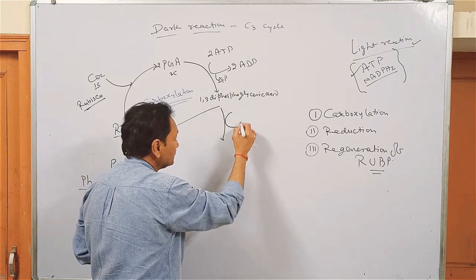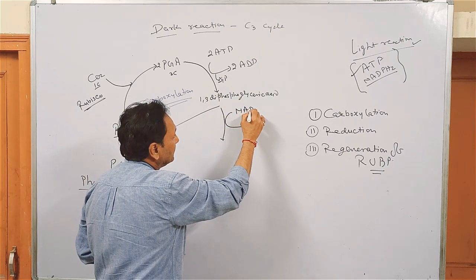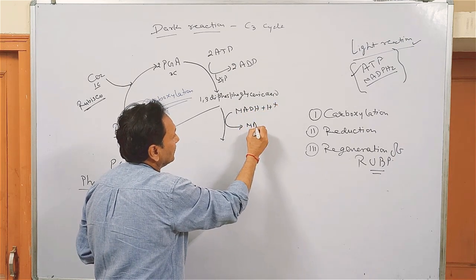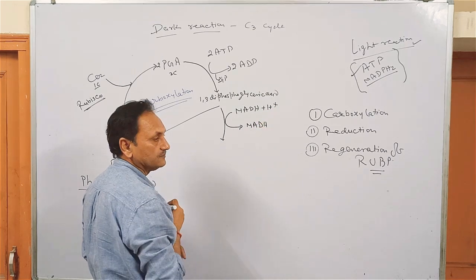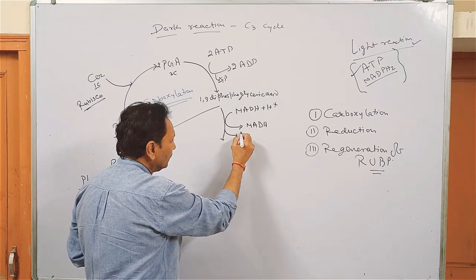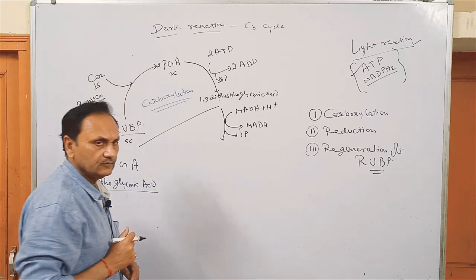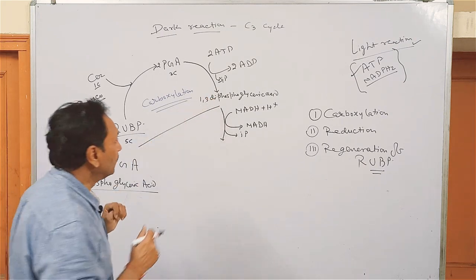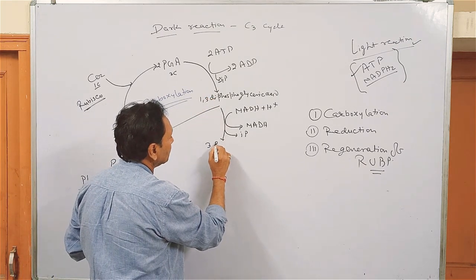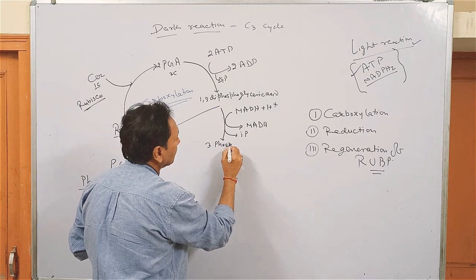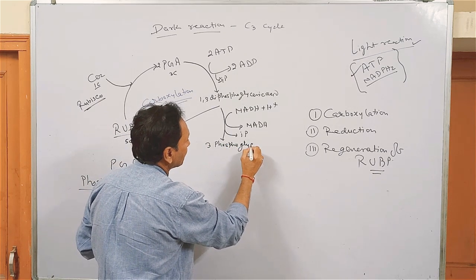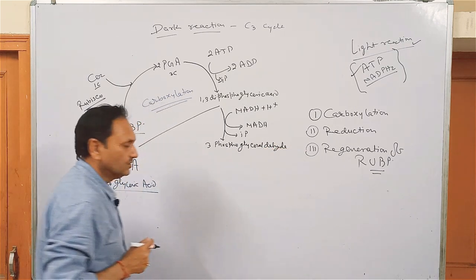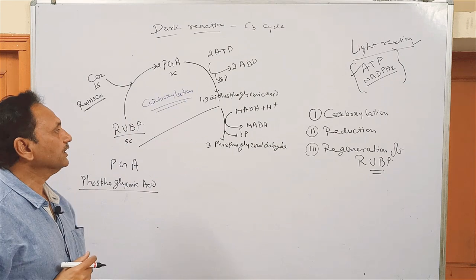But here NADPH plus H positive converts into NADP. And one molecule of inorganic phosphate is also evolved during this process, and this is called reduction. And the product is 3-phosphoglyceraldehyde.